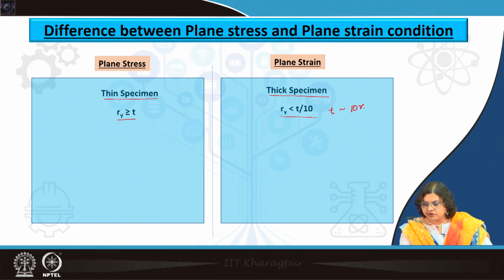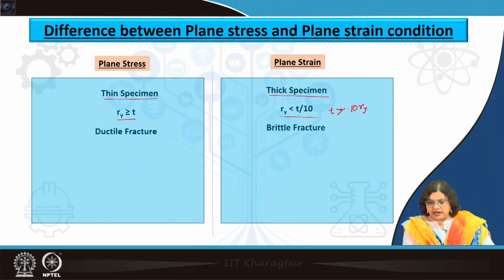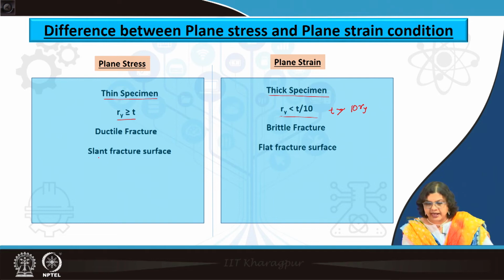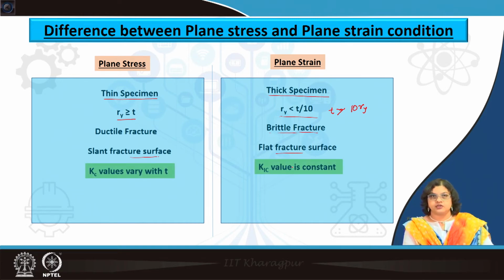So, 10 times R y at least, or even greater than. And as I mentioned, plane stress will lead to a ductile fracture, and that will have a slant fracture surface, because typically any kind of ductile deformation will occur along the 45-degree shear plane, and that leads to a slant fracture surface. On the other hand, plane strain is giving us a brittle fracture, and that obviously is related to a flat fracture surface.